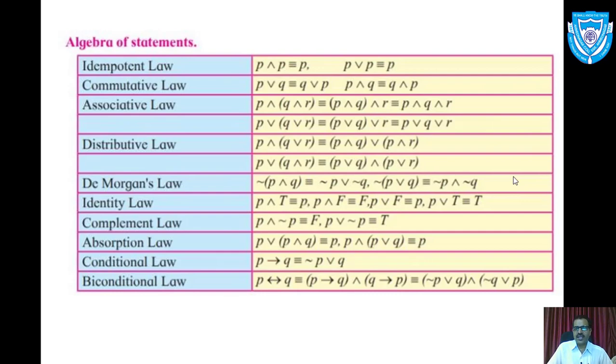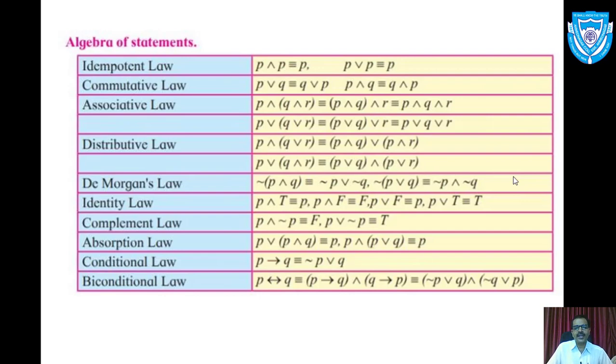P and F is equivalent to F. The conjunction of any statement P with contradiction F is the contradiction F. P or F is equivalent to P. The disjunction of any statement P with the contradiction F is the statement P itself. And P or T is equivalent to T, meaning that the disjunction of any simple statement P with tautology T is the tautology T. The result is tautology T.